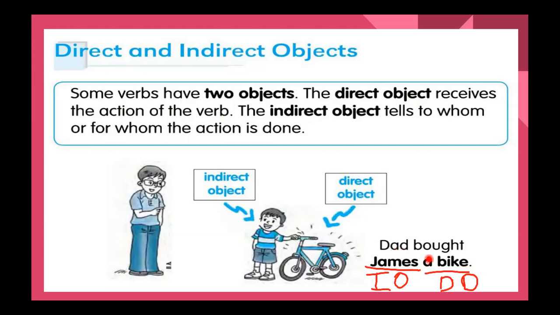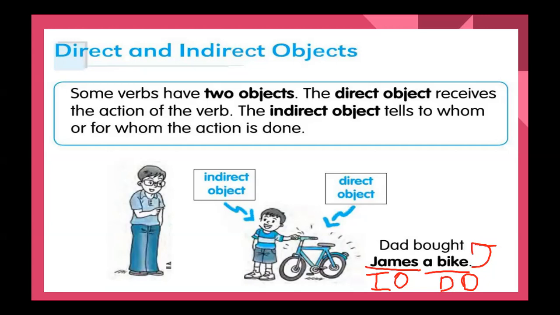What did dad bring? किसके लिए लाया मैंने नहीं पूछा. Dad ने आखिर लाया क्या है? What did dad bring? Bought, verb. Bike. So the direct object receives the action of the verb. Bought, कौन सी चीज लाई है? वो है bike. So direct object receives the action of this verb.